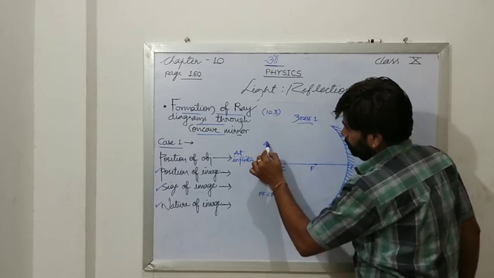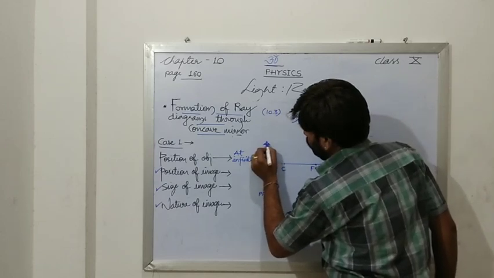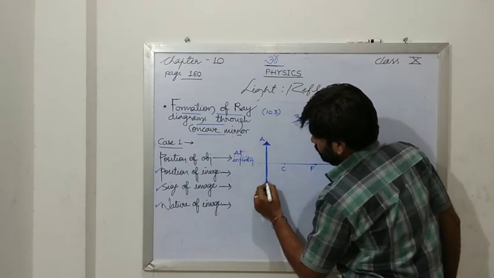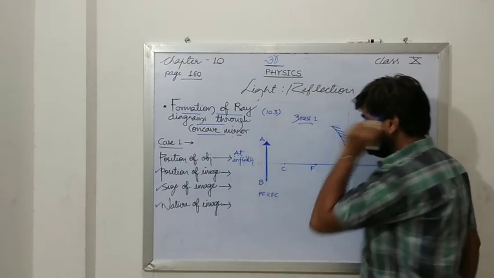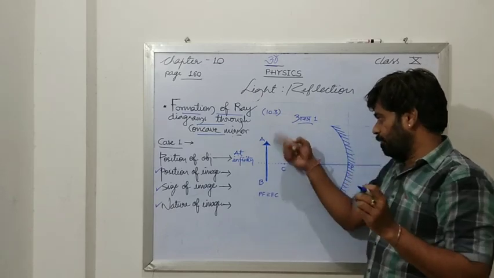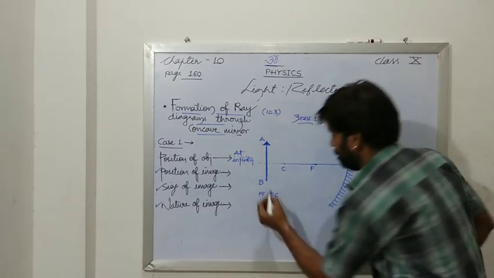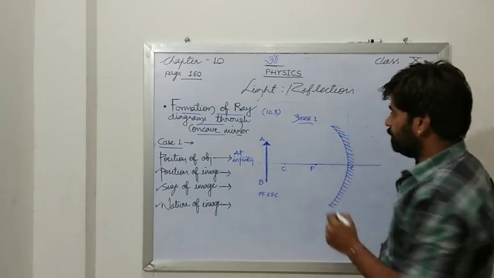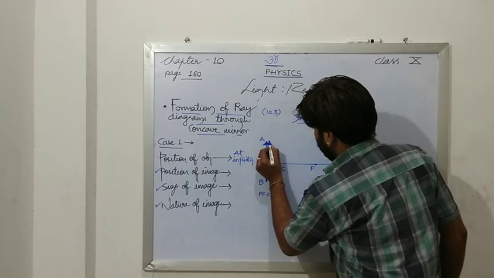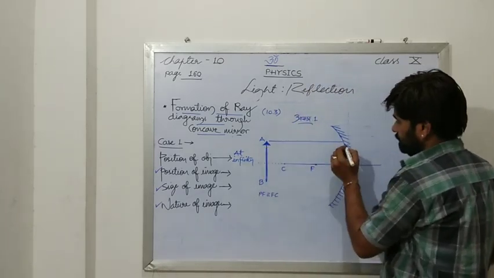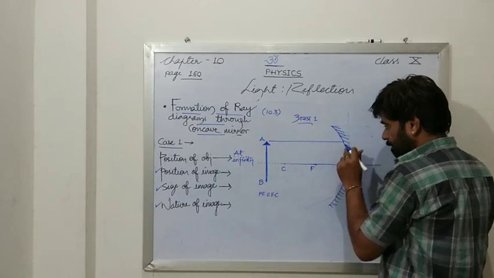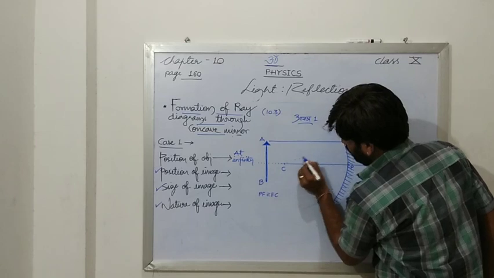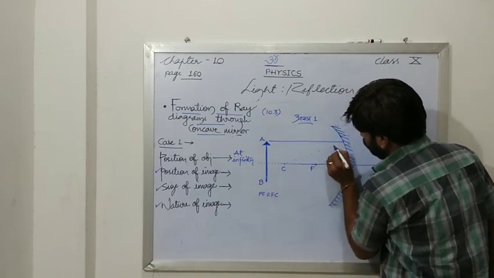Now say this is the object, this upright arrow, the position A, and this is the position B. As it is at infinity, we are taking above the axis and below the axis. Now rule number 1 says a ray which is parallel to the principal axis, once we have a point of incidence, then as we have already studied, we will draw a normal through the center.